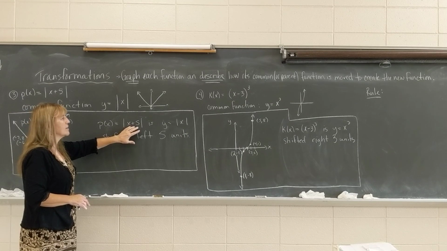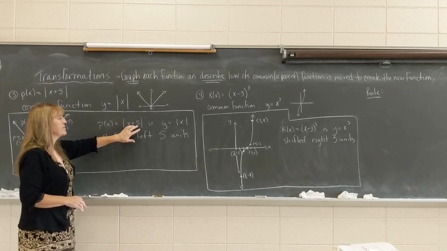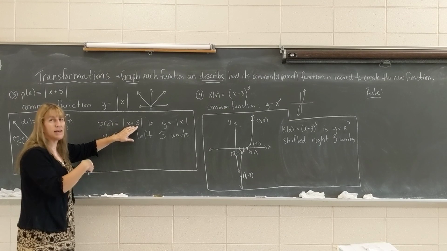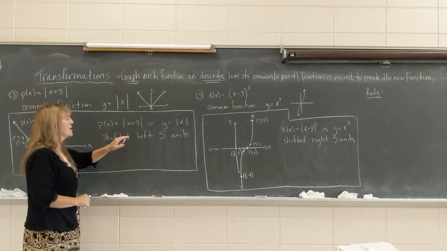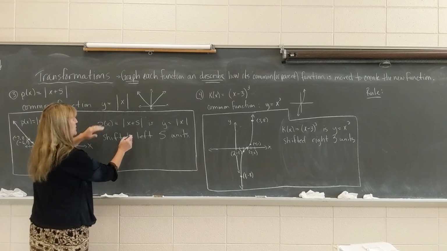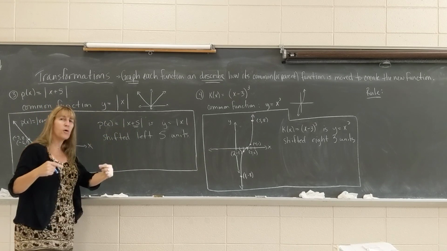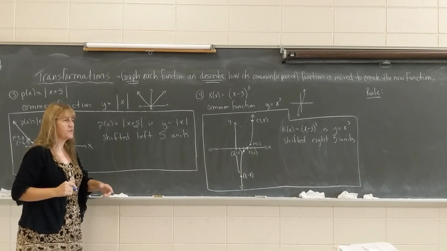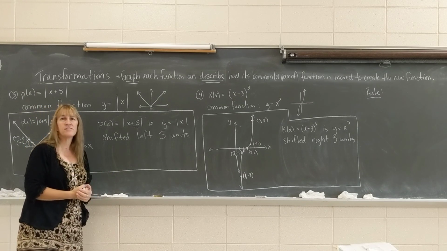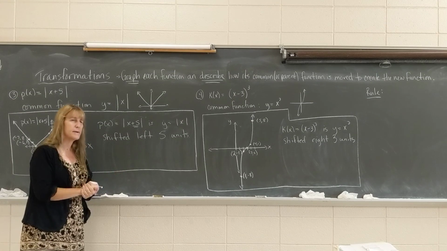So everything here with these two transformations is definitely affecting the x, unlike the previous video where we affected the y. So anytime the change in your common function occurs before the common function is executed, you're changing your x. If the change occurs after the common function is executed, you're changing your y coordinate.